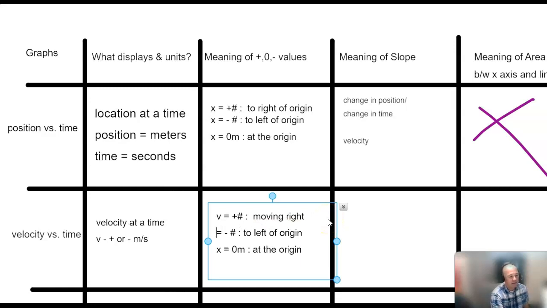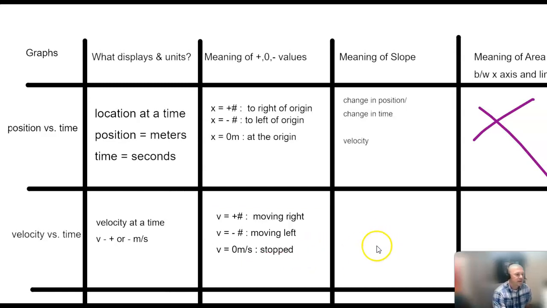And that's it. It doesn't tell you where you're located. The velocity doesn't tell me I'm at a certain position. It just tells me in which direction I'm headed. If your velocity is a negative value, it means you are moving left. And if your velocity is 0 meters per second, just like in your car, if you're going 0 miles per hour, you're stopped or not moving.